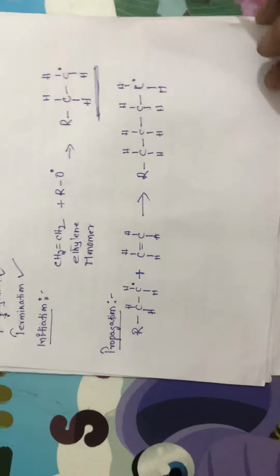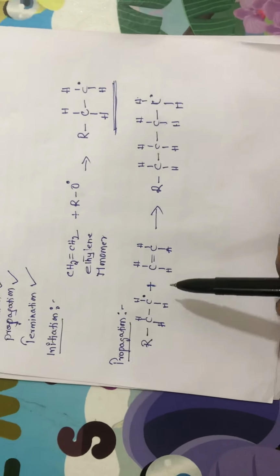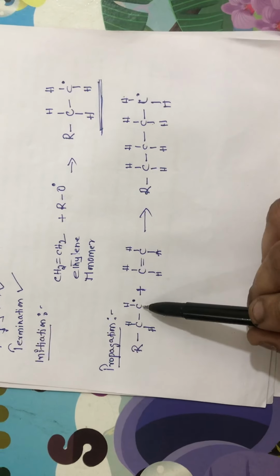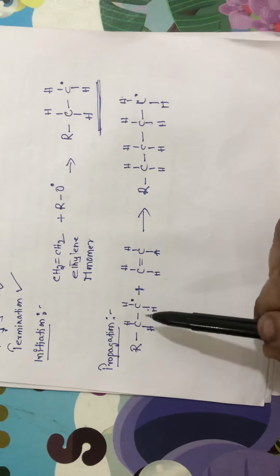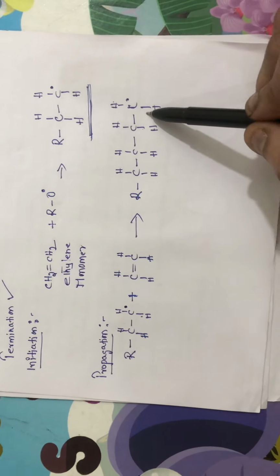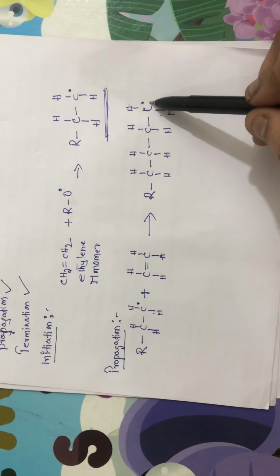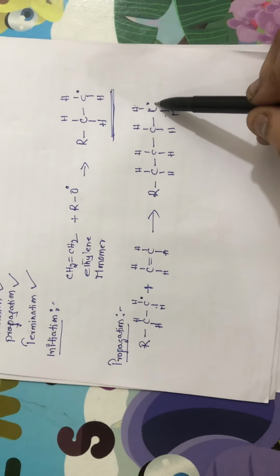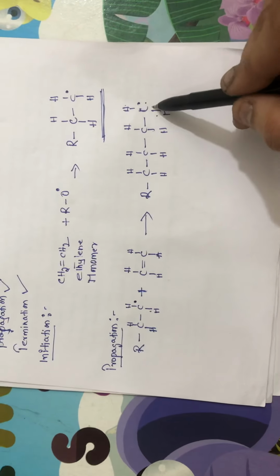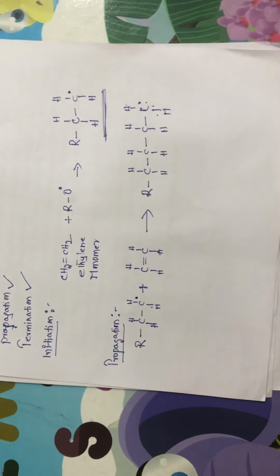Now the free radical transfers from the first monomeric unit onto the carbon of the second monomeric unit. What is that? Now the free radical transfers onto the carbon of the second monomeric unit.